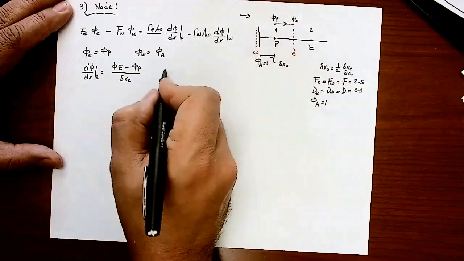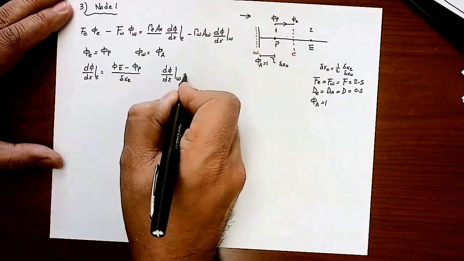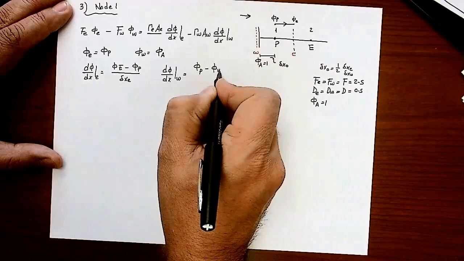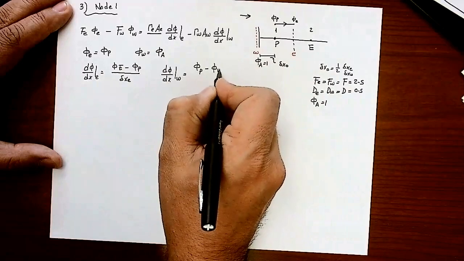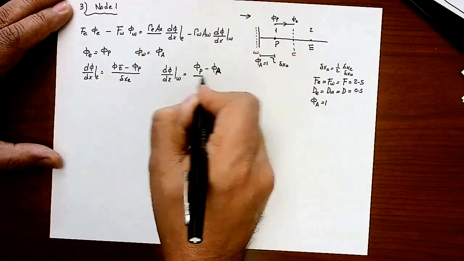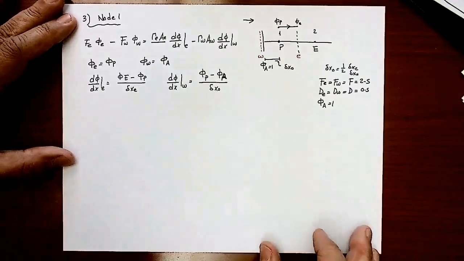When I go to the west face, d phi by dx on the west face will be phi P minus phi west, which is phi A, divided by delta x node. These are the approximations here.